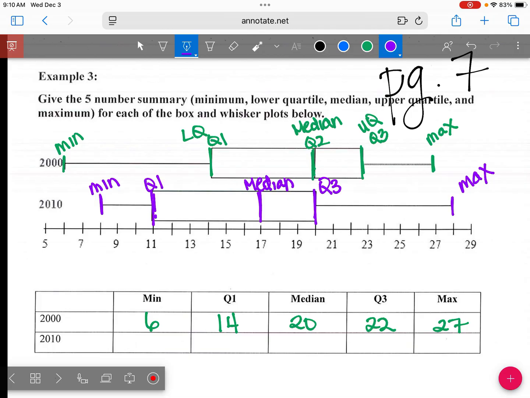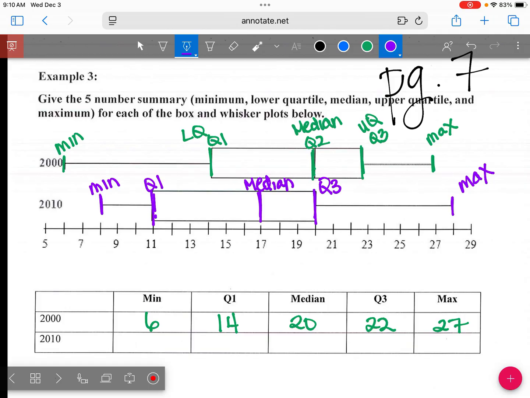So take a minute, fill in those 5 numbers. So the minimum, go ahead and look at this one here, the purple one.